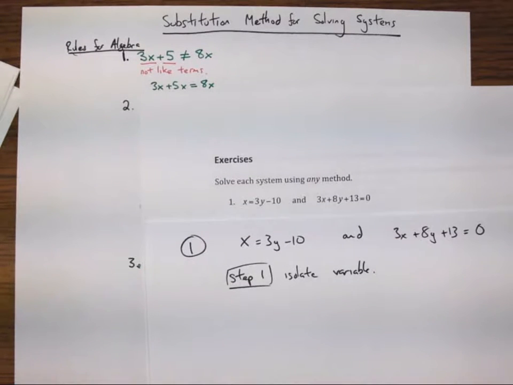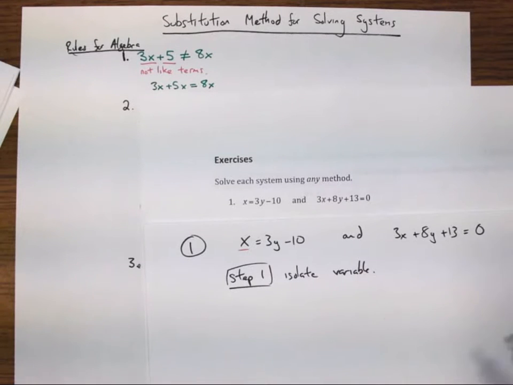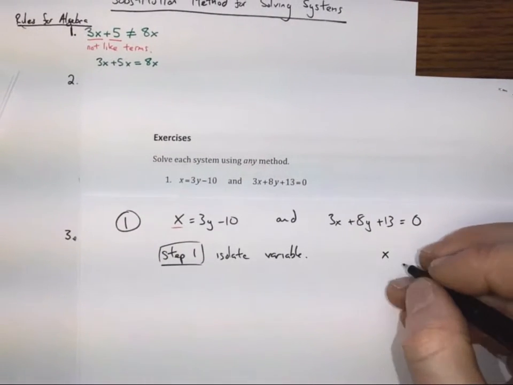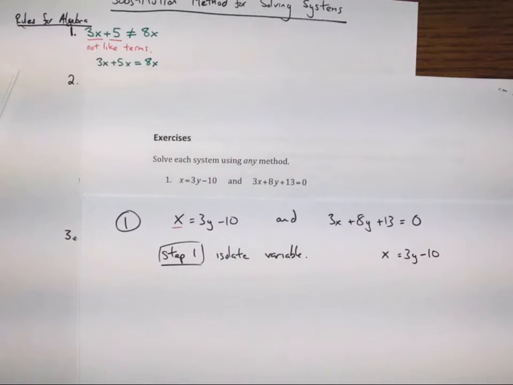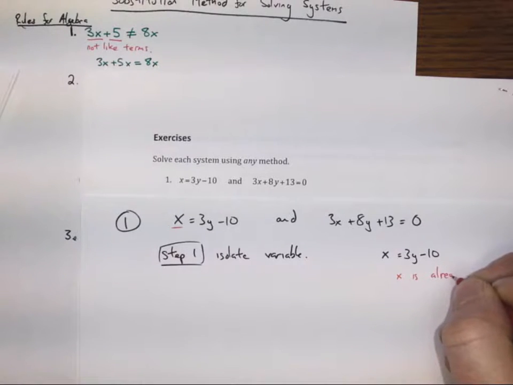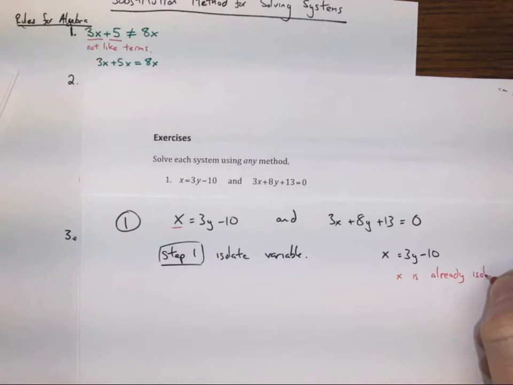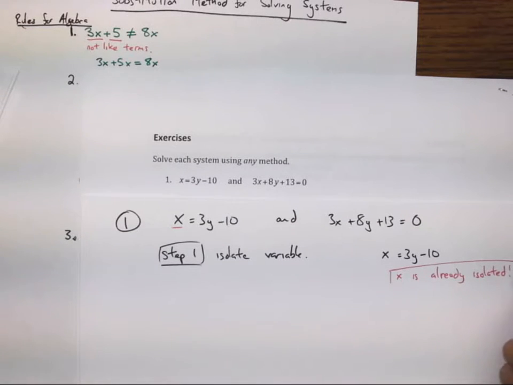Well, it looks like this variable has already been isolated. So we'll just write that step out here. So we've got x equals 3y minus 10, and x is already isolated. That's nice. It means we don't have to do that much work.